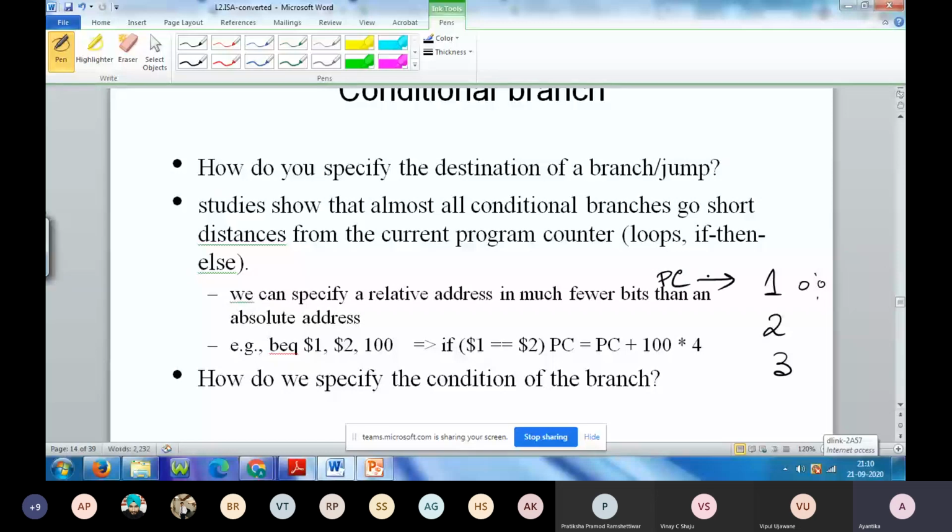PC means program counter. This program counter is checking what is there in your next instruction, and it is fetching those instructions. On top of that, the next level of hardware is doing instruction decoding and execution.